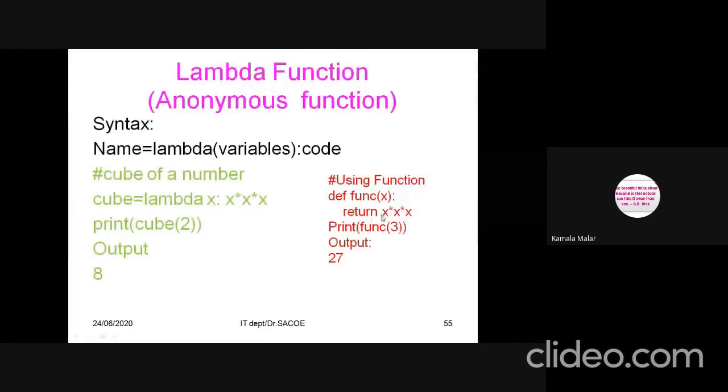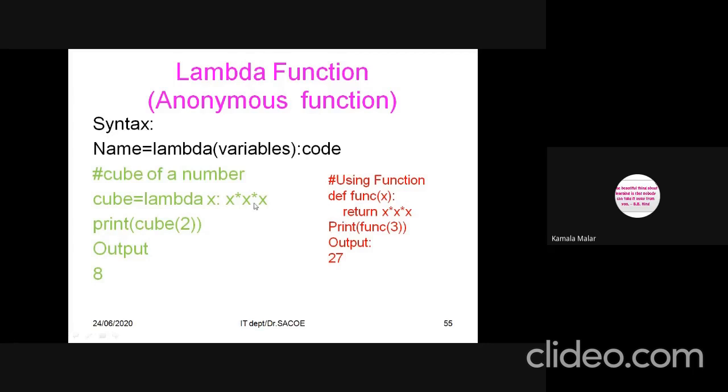In the lambda function, the syntax is very simple. We use the keyword lambda followed by the argument, as usually a function takes an argument, then a colon followed by the operation. So this user-defined function is simplified using the lambda function.